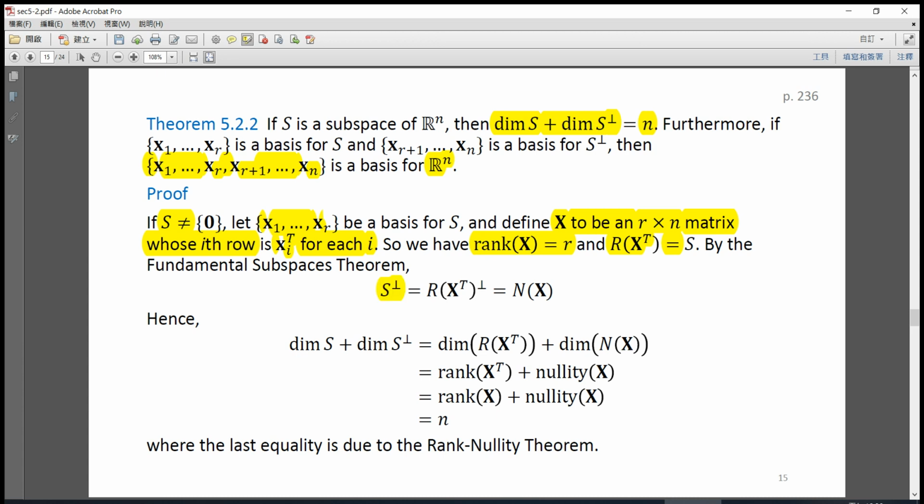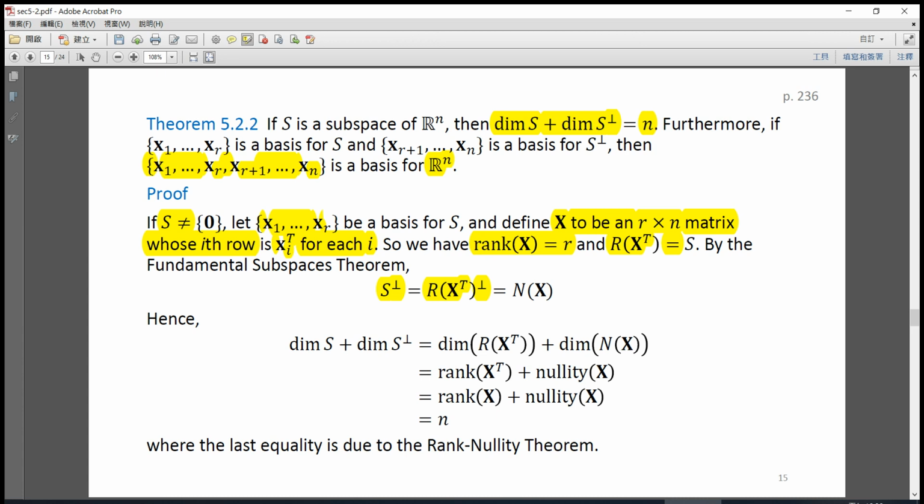Since S equals the column space of X transpose, S perp equals the orthogonal complement of the column space of X transpose.